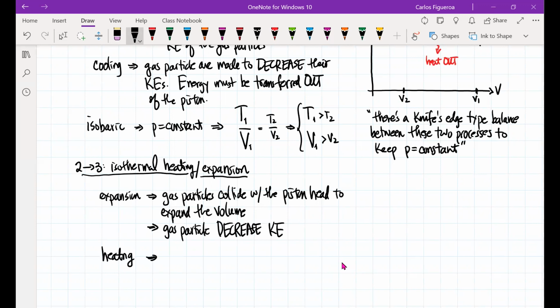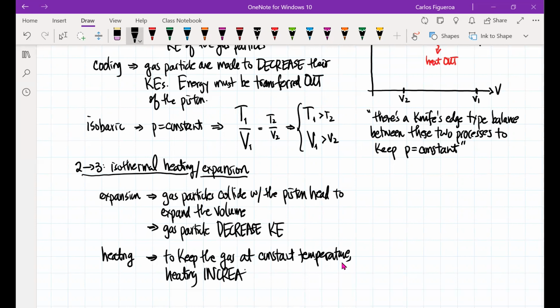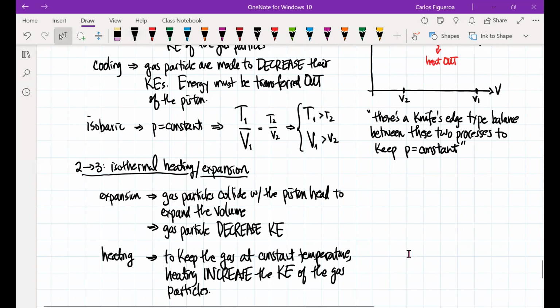So now, to keep the gas at constant temperature, heating increases the kinetic energy of the gas particles. So one is decreasing it and one is increasing it.